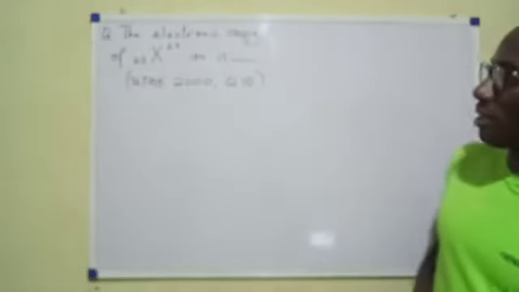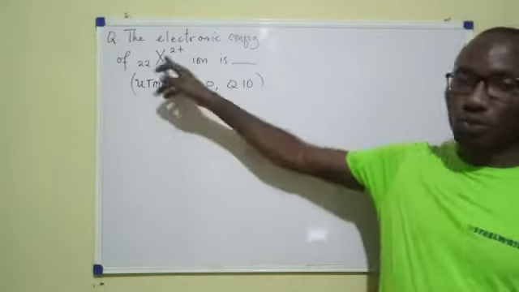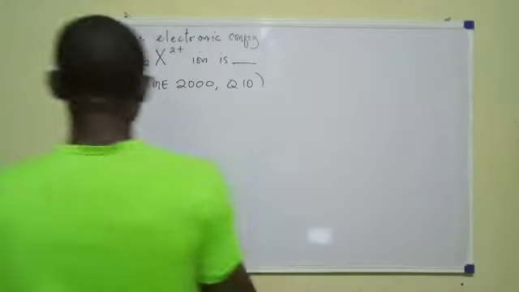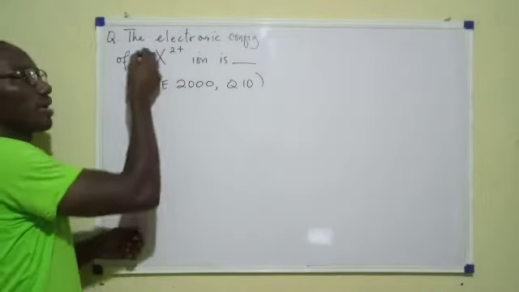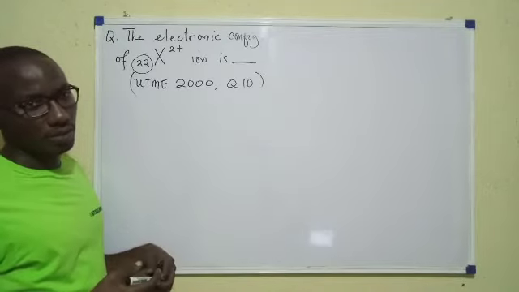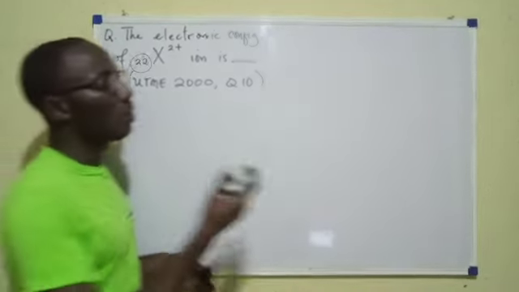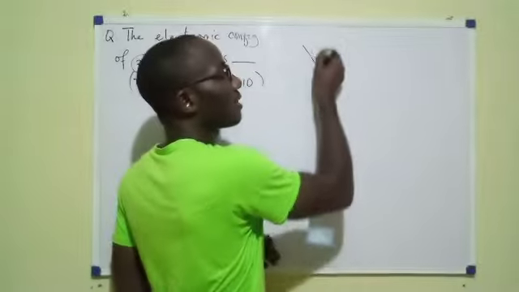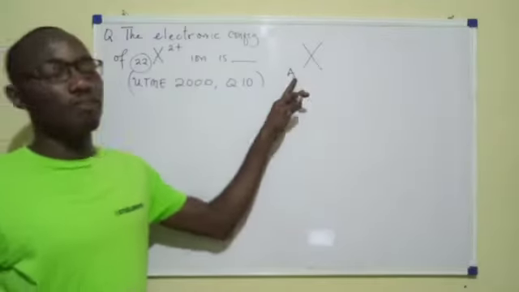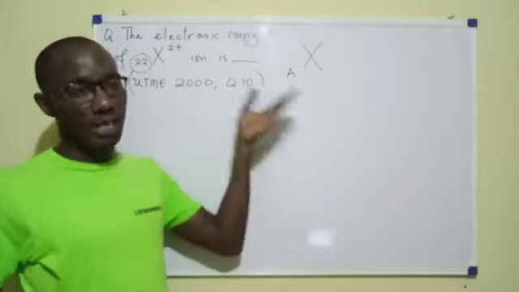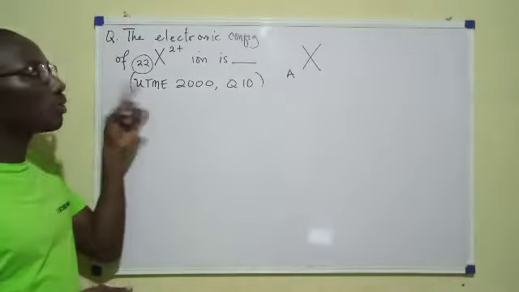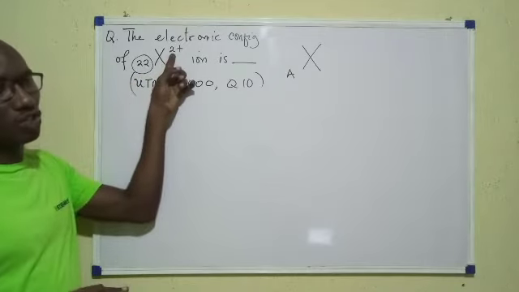Now it says, what is the electronic configuration of this ion, 22X2+? Now to begin, the 22 here is the number of protons. Usually, when we represent an element as X and we put A here, we say this A is the number of protons as well as the number of electrons. But in this case, it is the number of protons, but not the number of electrons, because of the charge.